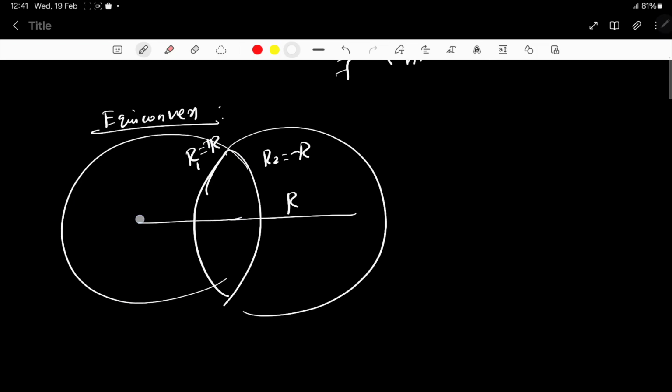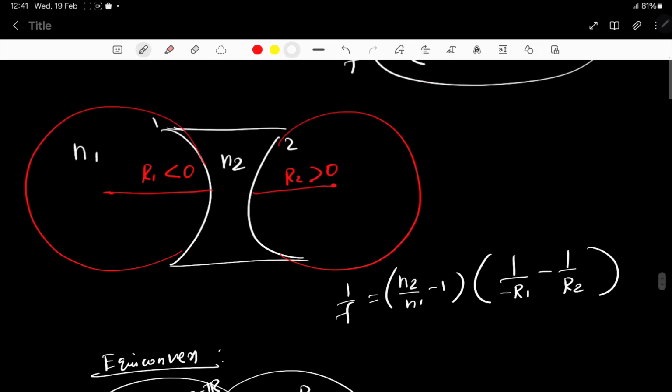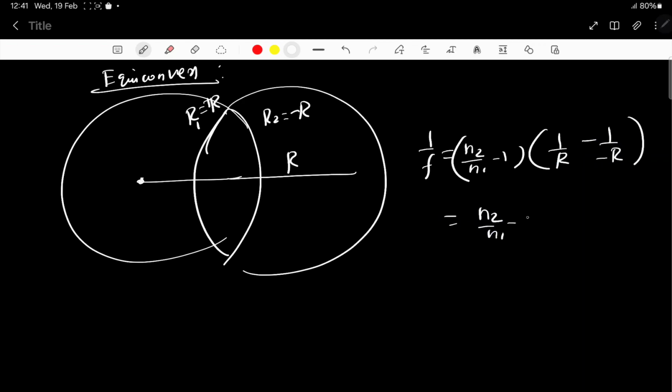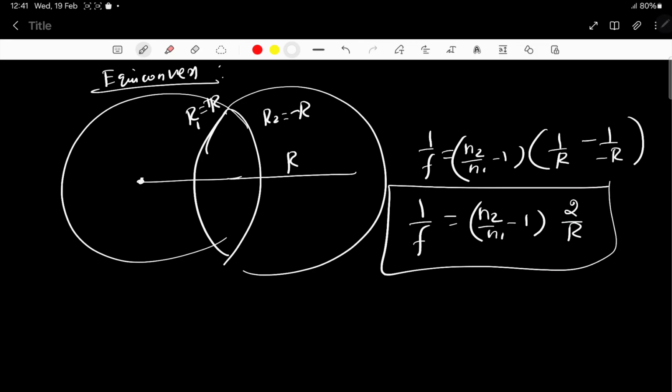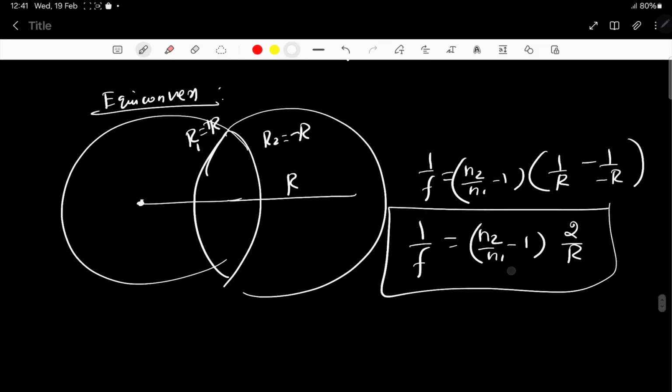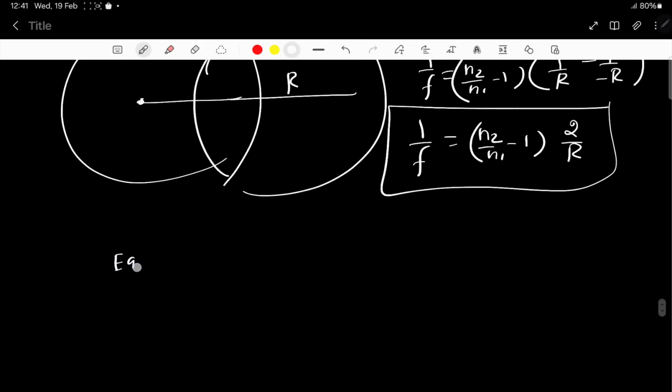So if you use this formula, you get 1 by f equal to (n2 by n1 minus 1) into (1 by R1 minus 1 by R2). So what I got is (n2 by n1 minus 1) into 2 by R. It's the formula we have for an equiconvex lens. Similarly, we can derive a similar formula for an equiconcave lens also.